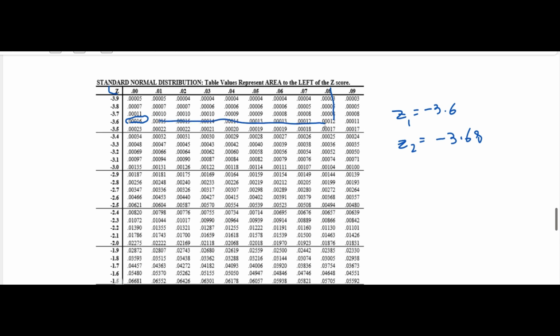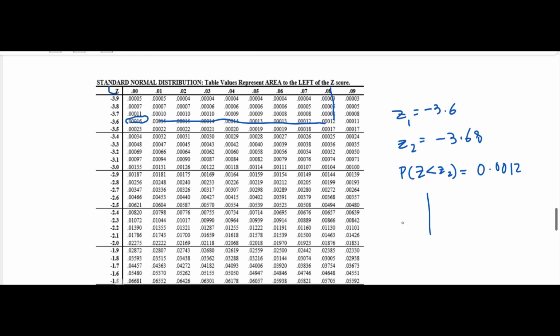So that's the point. Every time you look at these values, it gives you the probability of capital Z being less than, let's say, z2 in this case. So that is 0.0012.